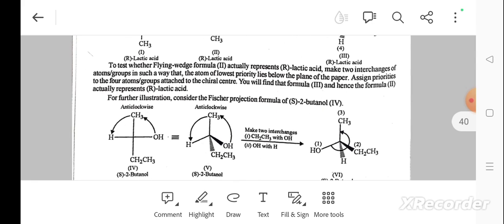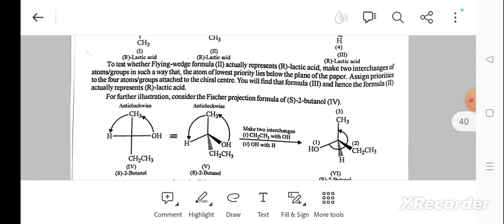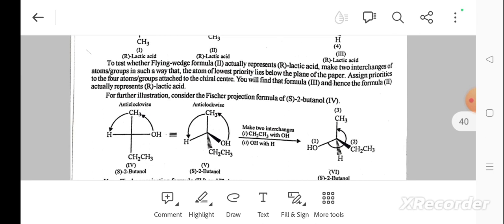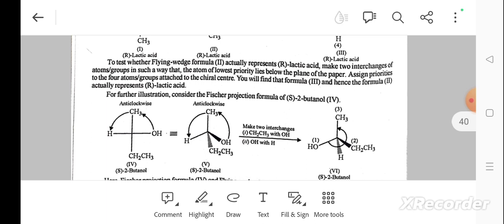to test whether the flying wedge formula second actually represents the R lactic acid, we make an interchange of the atoms and groups in such a way that the atom of the lowest priority lies below the plane of the paper, and assign the priority to the four atoms or groups attached to the chiral center.